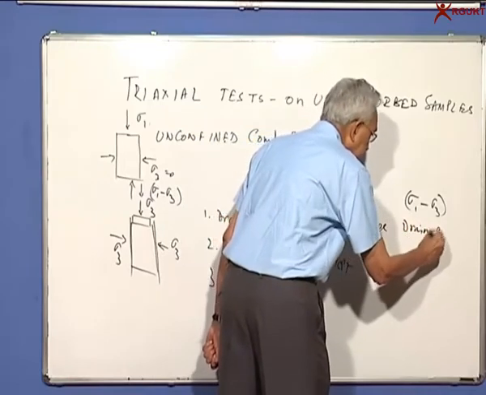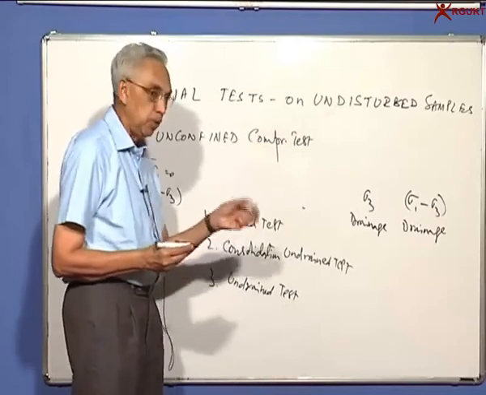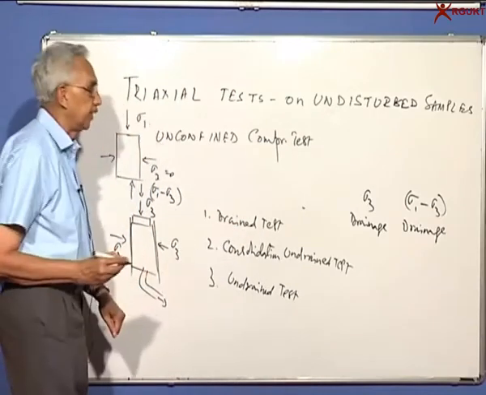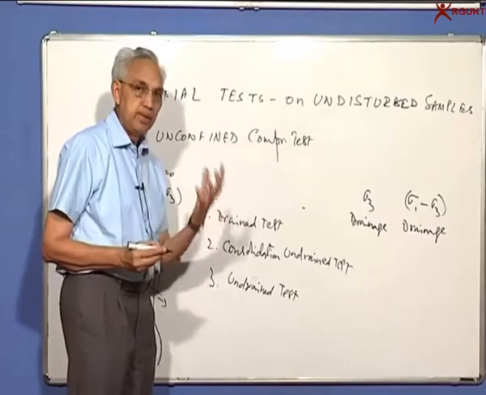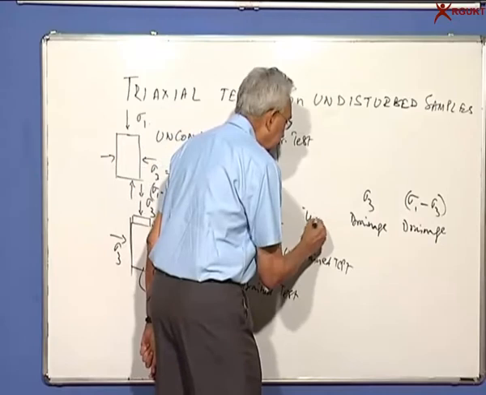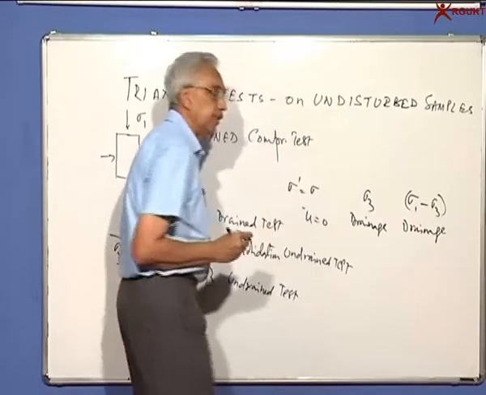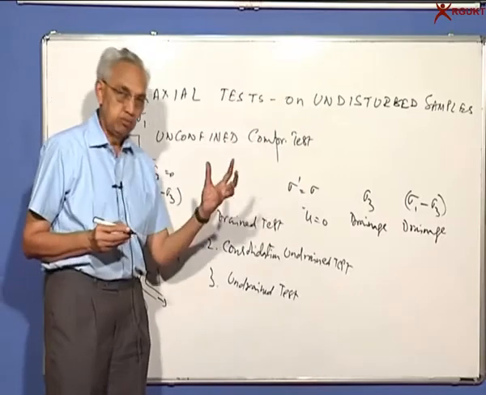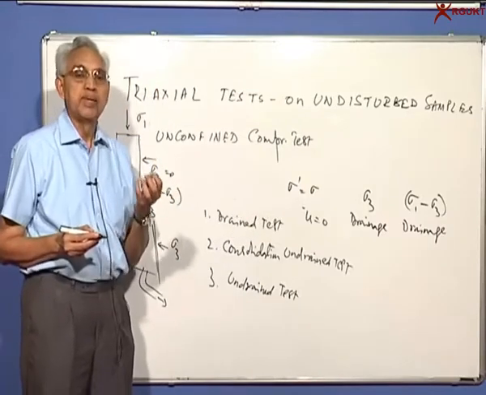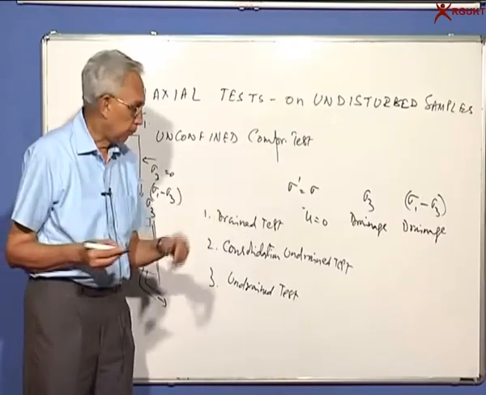That is, when you apply the all-round pressure, you open the valve at the bottom so that the water can escape. And so all the time the pore pressure U is equal to 0, which means the effective stress is equal to the total stress. In the sample, all our applied stresses become stresses between the intergranular particles and there will be no pore pressure.